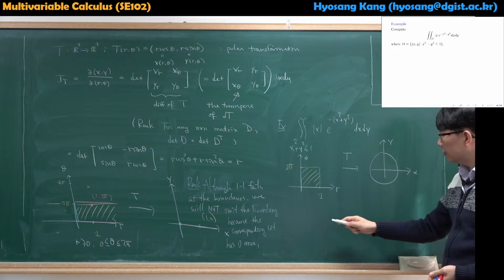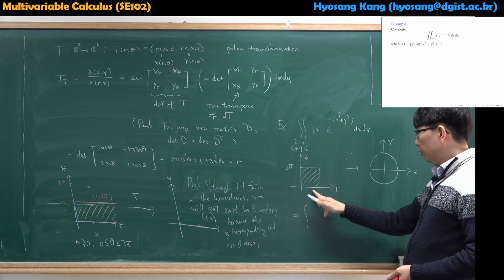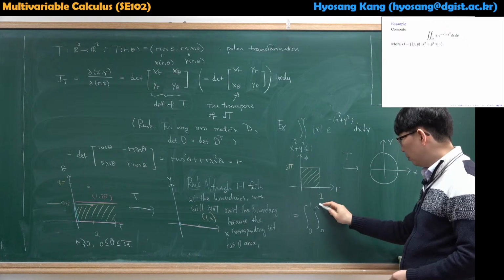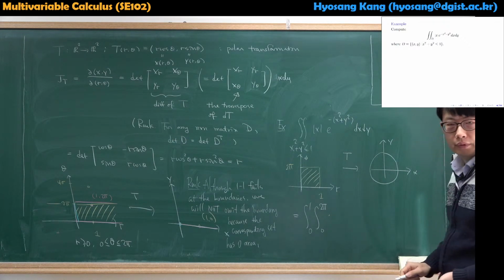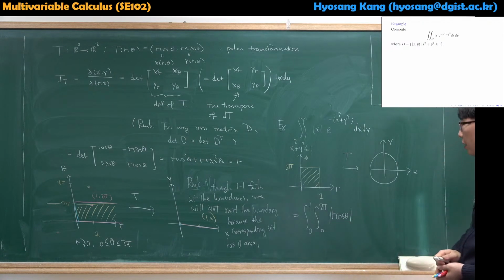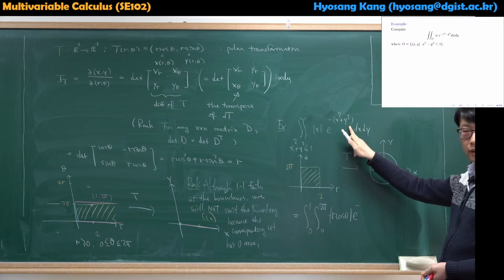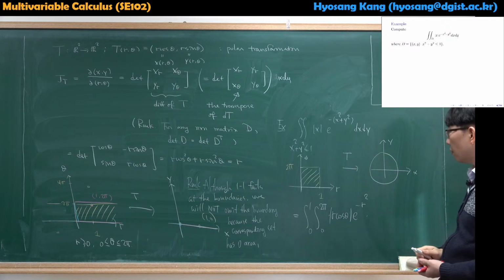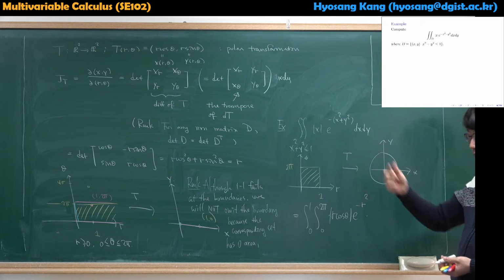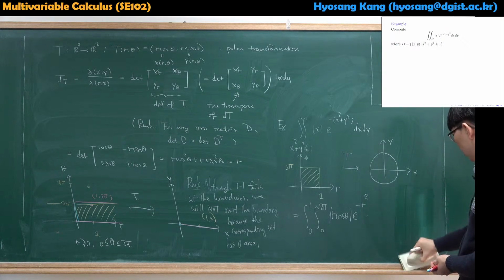And let's try to use integration by substitution. I'm going to integrate over the r theta plane, so r is from 0 to 1, and theta is from 0 to 2 pi, and x becomes r cosine theta, with the absolute value sign, and we get e to the negative of x squared plus y squared, which is r squared. And then what? We have dx dy, and we need to change it to d theta dr, right?